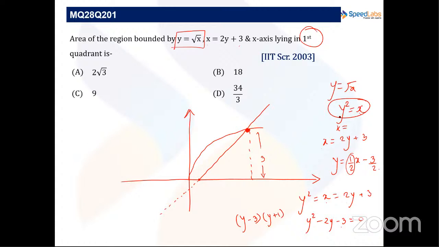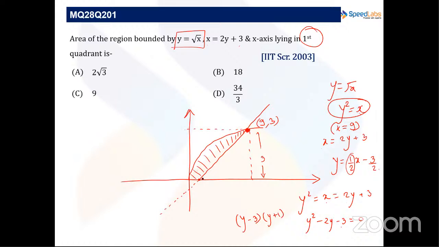So x will be equals to y square, that is 9. So this point has coordinates 9 comma 3. Now we have to find the area bounded between these two curves. So what you can do is you can either go for the limit on the y-axis, or you can go for the limit on the x-axis.